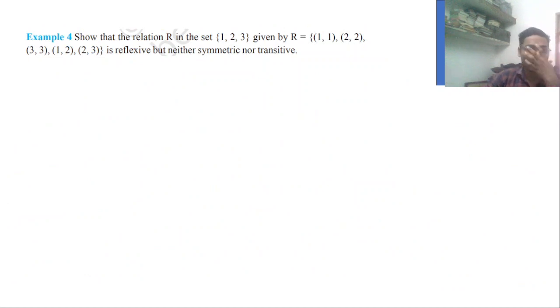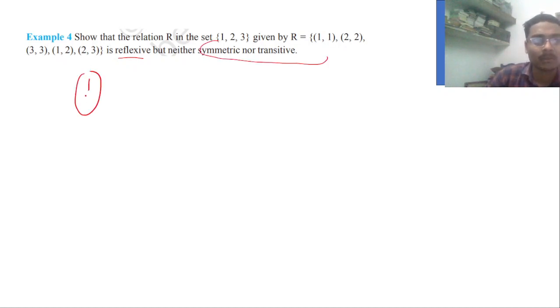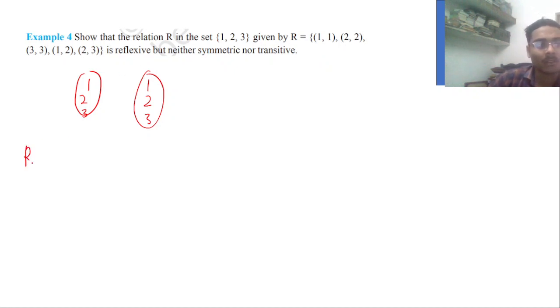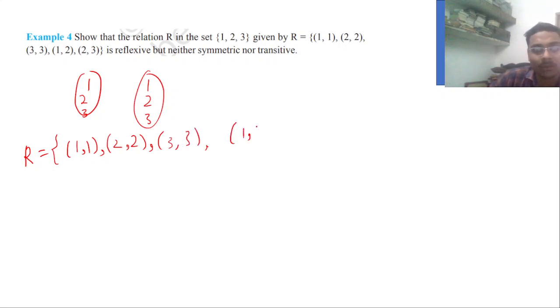Coming to our fourth example: the relation R in the set 1 2 3 given by 1 1, 2 2, 3 3, 1 2, 2 3 is reflexive but neither symmetric nor transitive. So here we have a set 1 2 3, another set 1 2 3, and they are not giving the relation as a statement, but rather giving this relation in roster form.